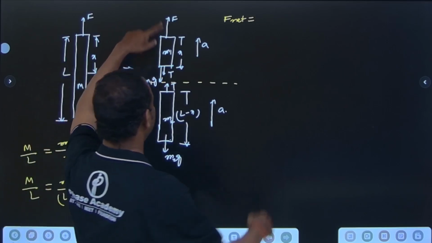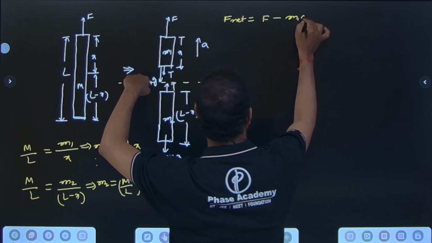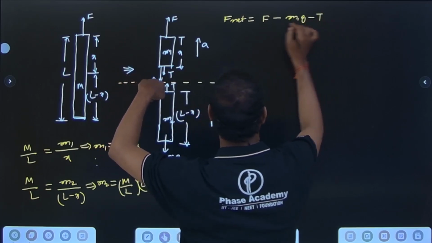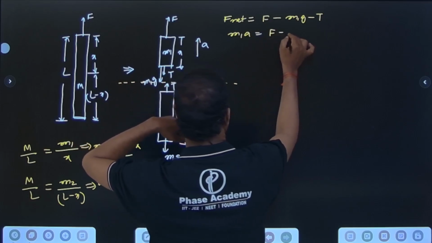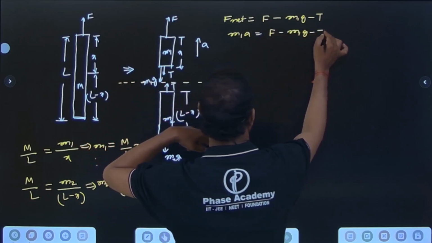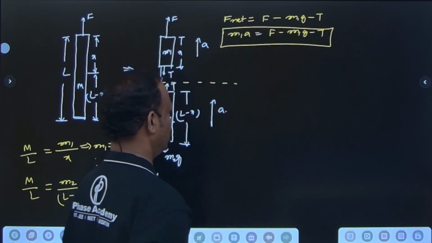So F net is equal to capital F minus M1G minus T. F net means MA, so M1A is equal to F minus M1G minus T. This is my first relation for the upper block.